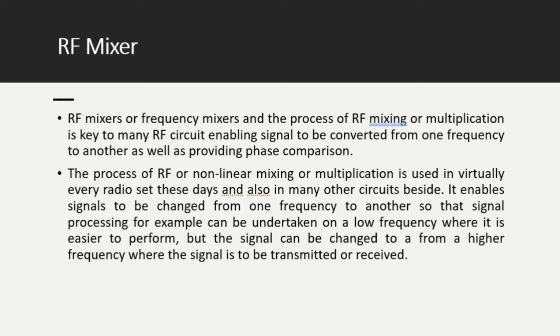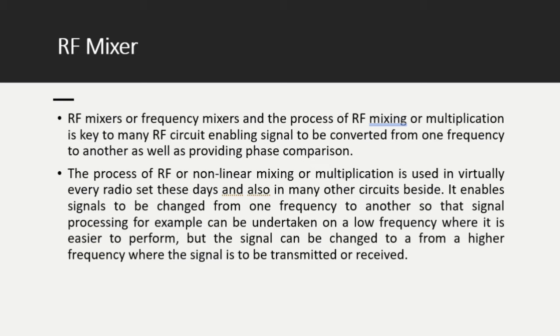But the signal can be changed from a higher frequency where the signal is to be transmitted. So at the transmitter pula berbeza, dia terbalik lah, where a low frequency, the IF frequency, intermediate frequency, is converted to a higher frequency supaya dia boleh transmitted.